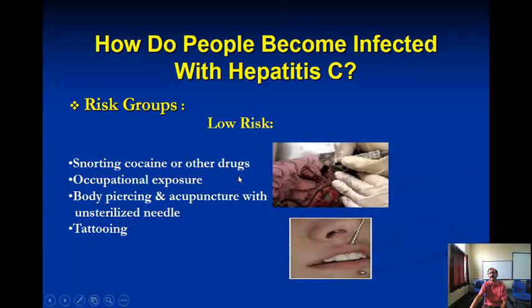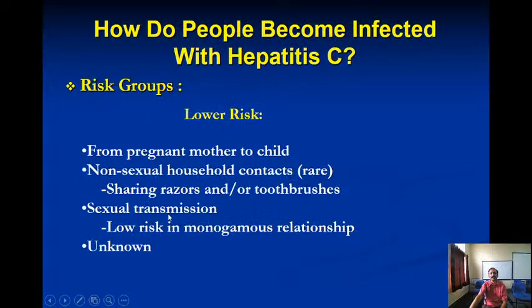Low risk if a person is snorting drugs or using other drugs, or in tattooing or any form of parenteral use. In case of occupational exposure, basically in the healthcare settings, body piercing, acupuncture, using unsterilized needles. This is where you can get hepatitis C.